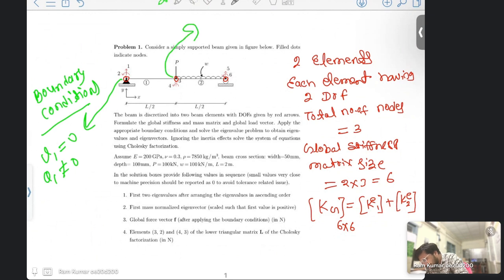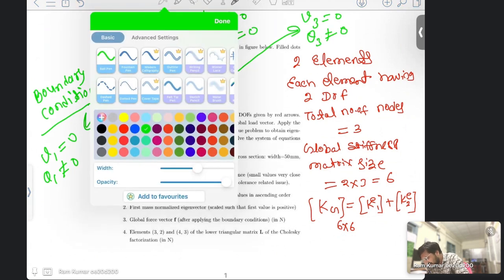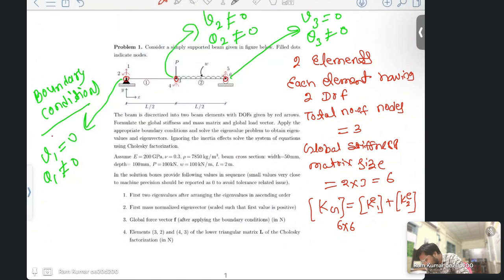At this node displacement 2 will not be equal to 0, theta 2 also will not be equal to 0. At this location displacement 3, b3 will be 0, but theta 3 again will not be 0. So from these boundary conditions we are getting displacement at node 1 as 0 and displacement at node 3 also equal to 0.